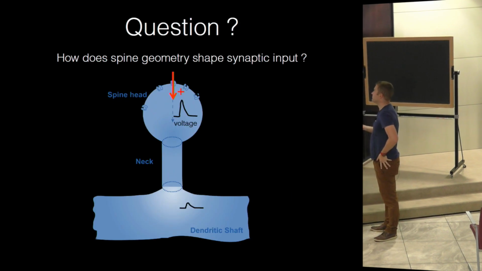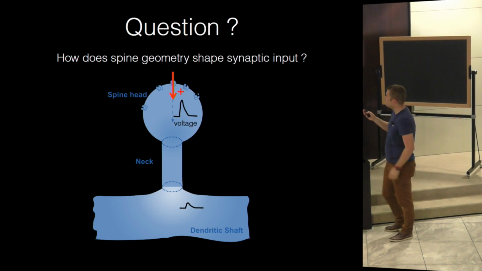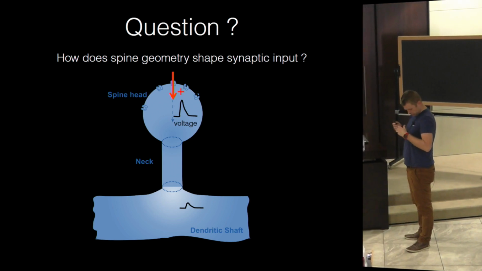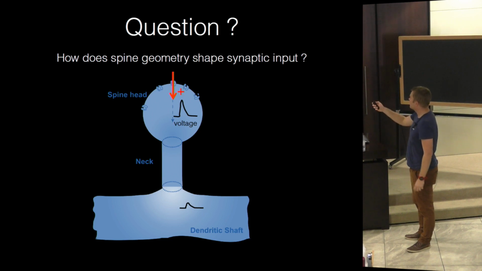Typically the question I ask is how the shape can influence the response of the spine to one input. You have an input that arrives, and how are the shapes going to influence the transfer function of the spine?